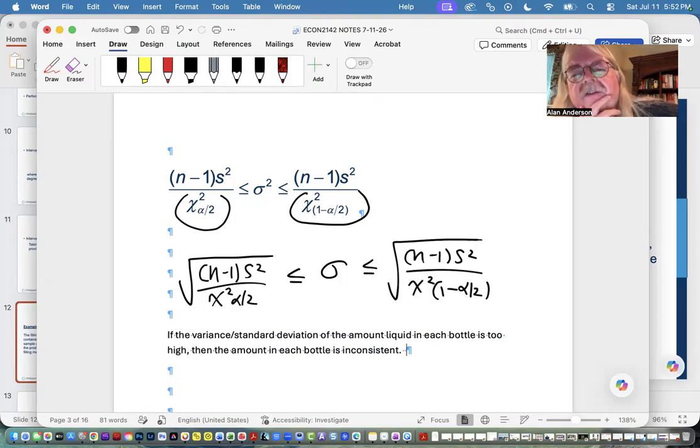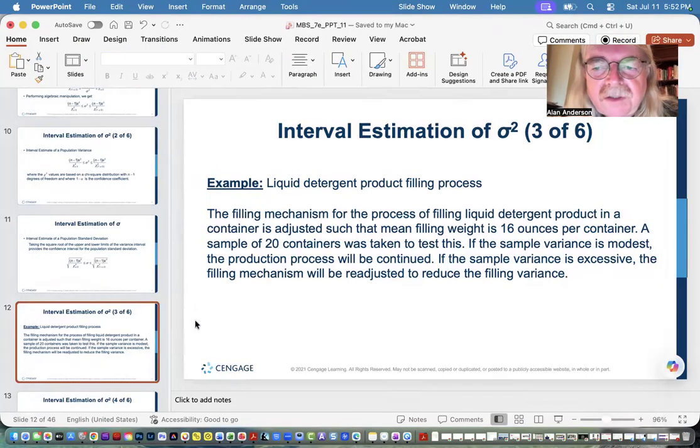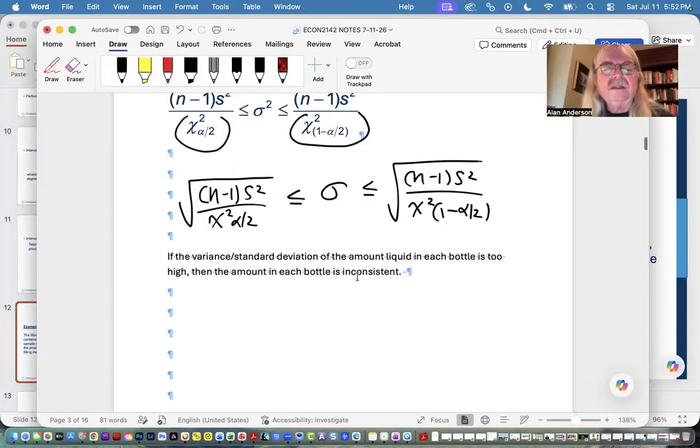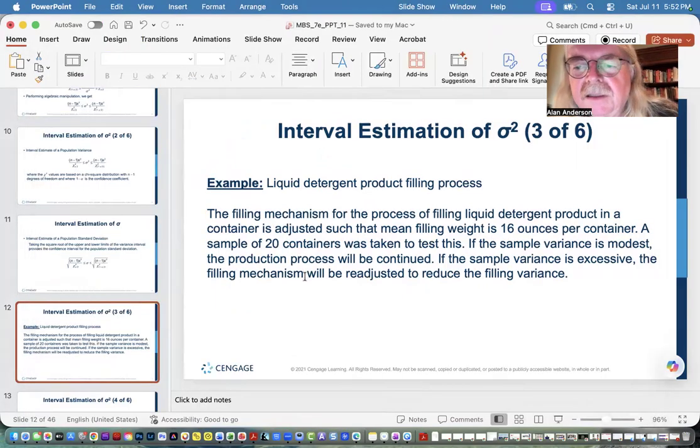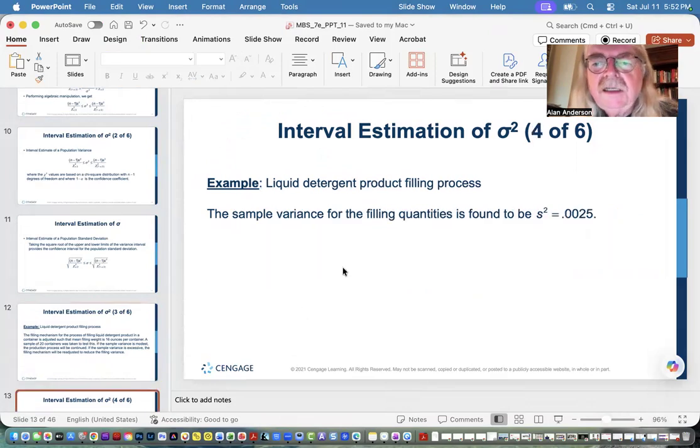We're trying to find out if the variance is too high, which would indicate that there's something wrong with the production process. So what they want us to do is take a sample. Well, they want each one to have 16 ounces. So we take a sample of 20 containers, and they would like to find out.